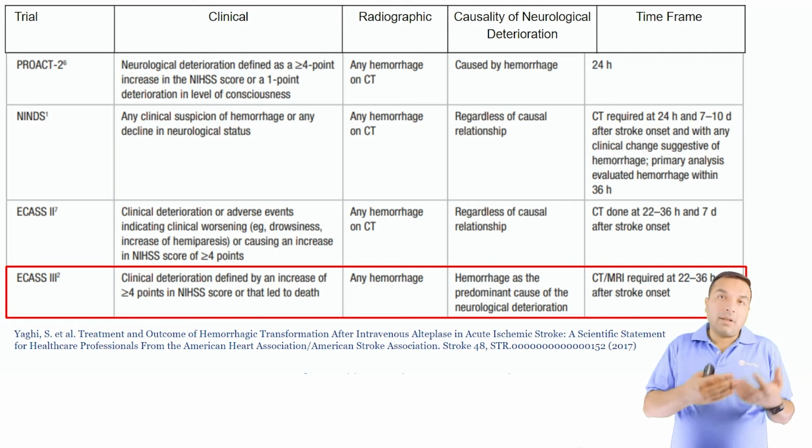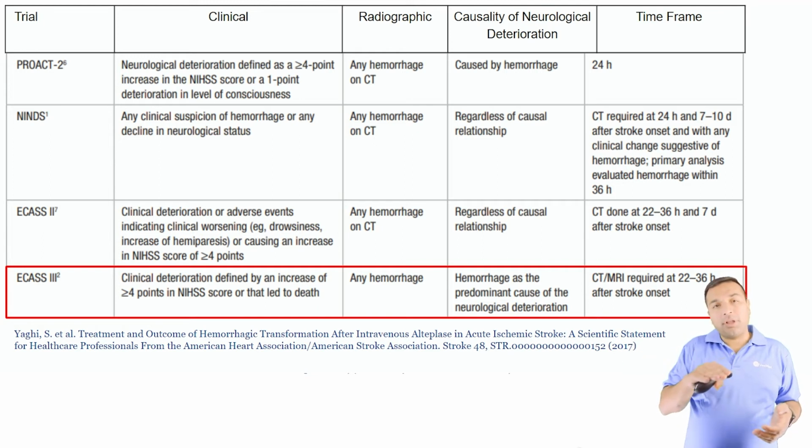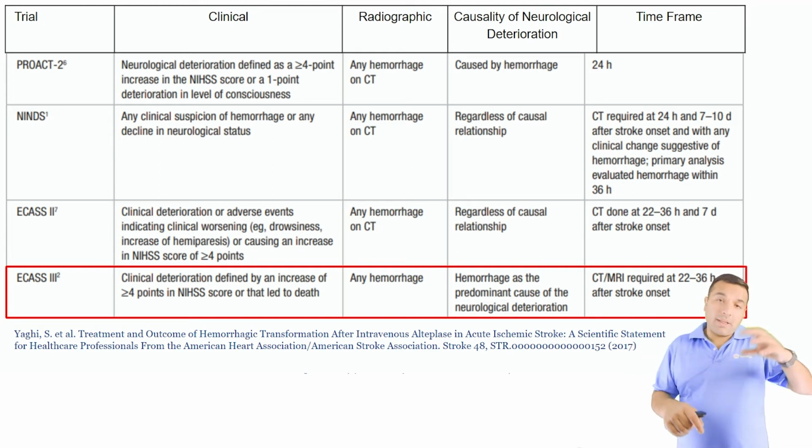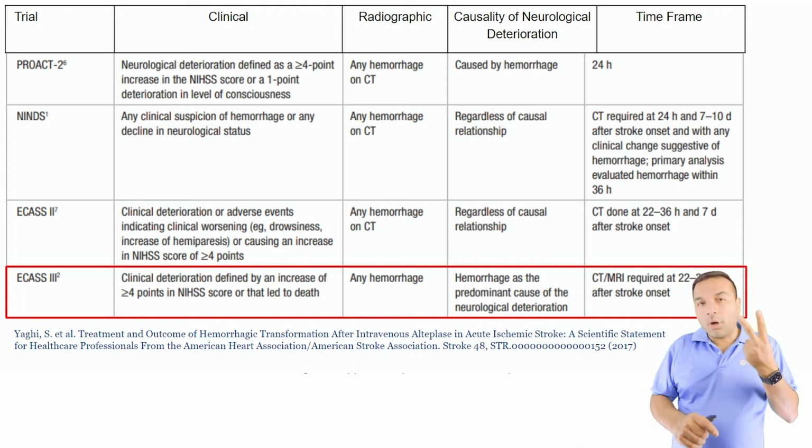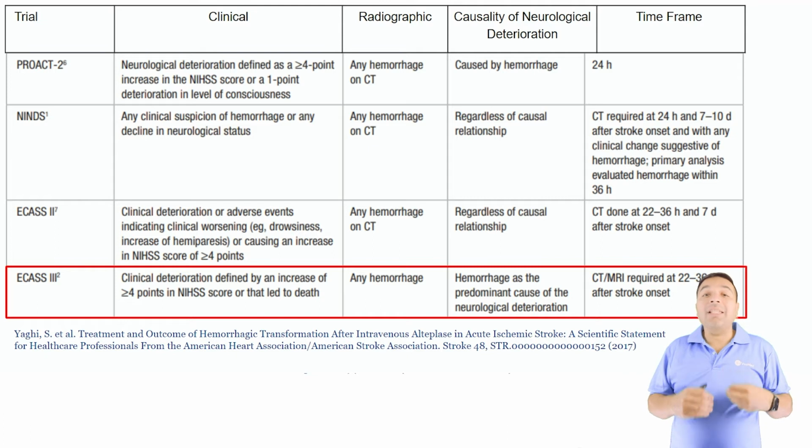Unfortunately, that is considered symptomatic, and that could be any hemorrhage. It doesn't matter if it is within the infarct core, not within the infarct core, it is remote or whatever. At the end of the day, if there's any hemorrhage that is causing an NIH stroke scale change of 4 or more, and the neurological deterioration is attributed to it.